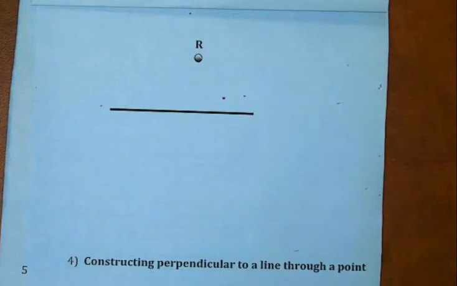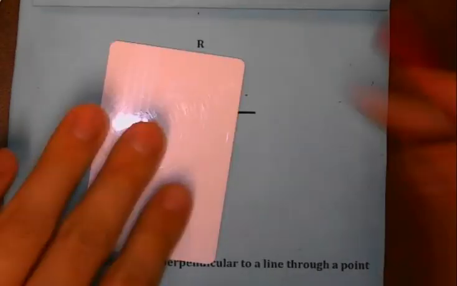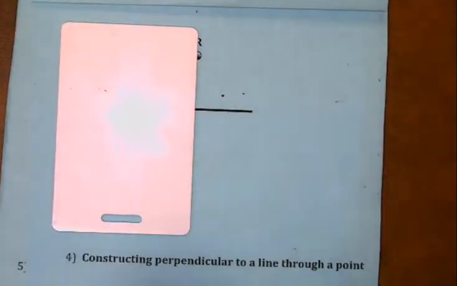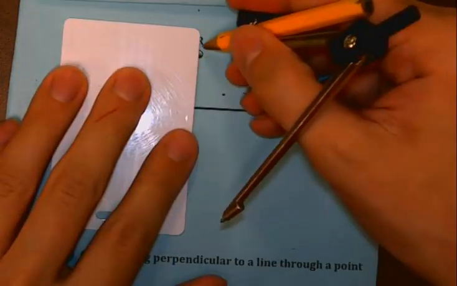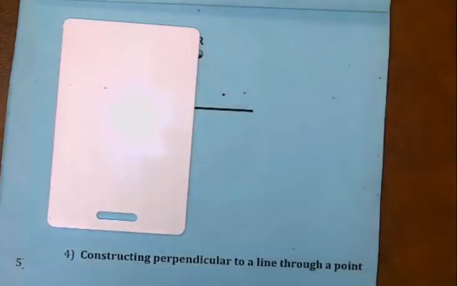Okay, now we're going to construct a line perpendicular through a point. So, we want a line that goes through R and is a 90-degree angle. Can someone give me a compass, please?